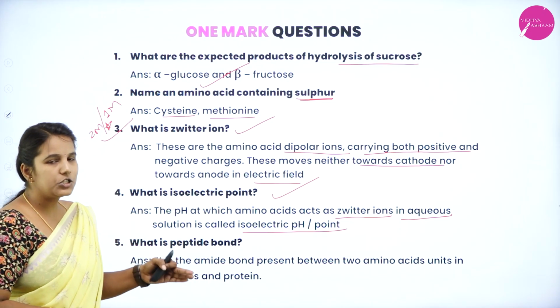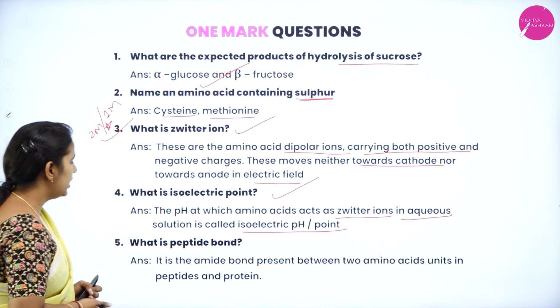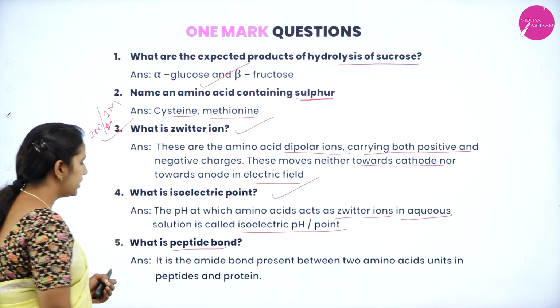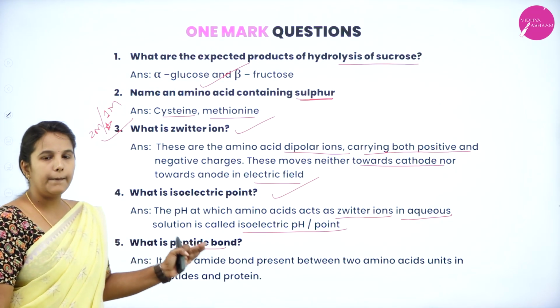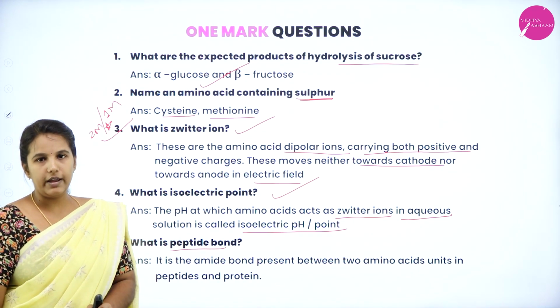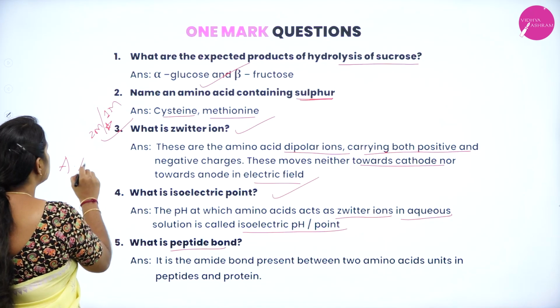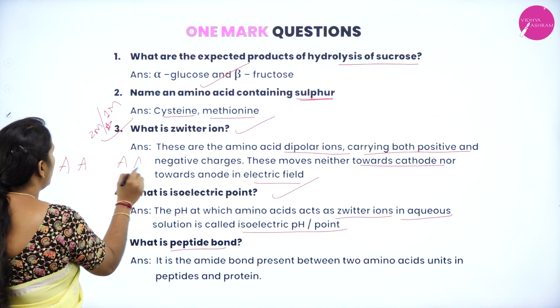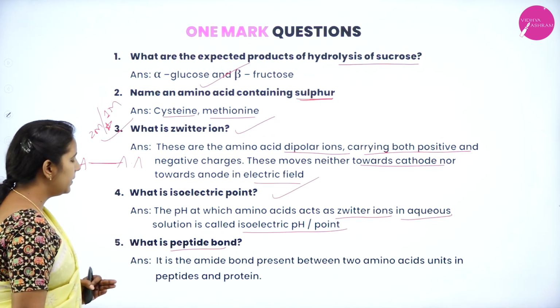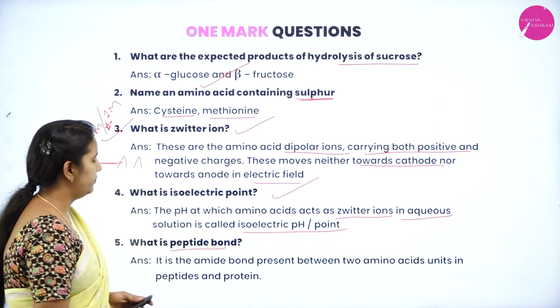Okay. Such a point is said to be the isoelectric point. Next question, what is a polypeptide bond? It is an amide bond which has been formed between 2 amino acids. If 2 amino acids are there, the bond which has been formed between them is said to be a polypeptide bond or peptide bond, as we say generally.